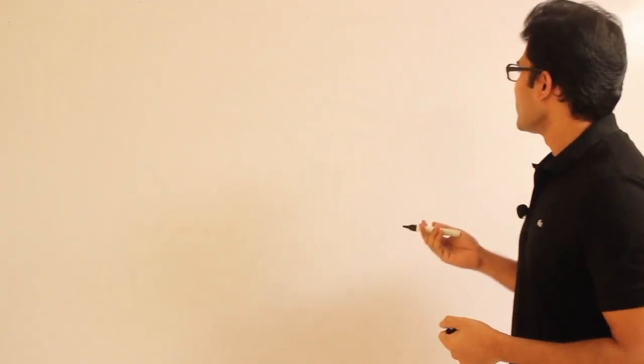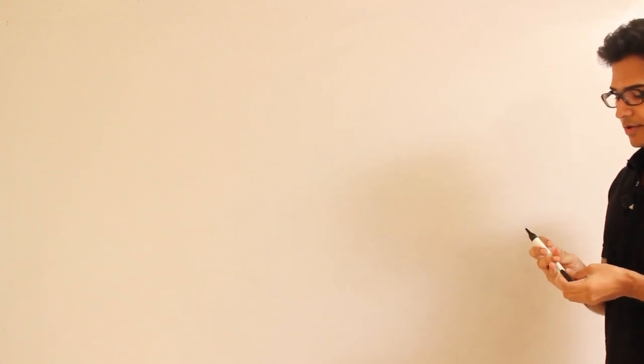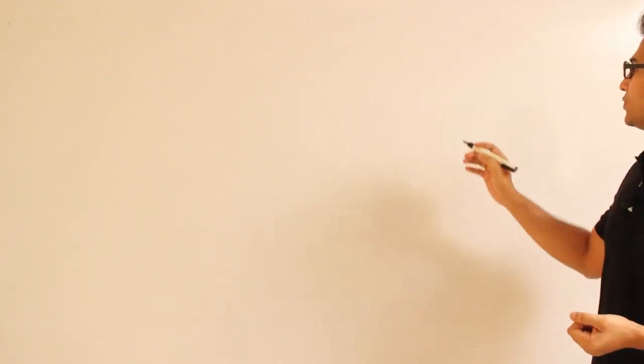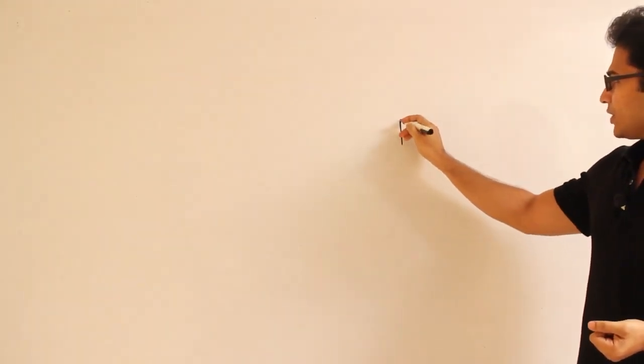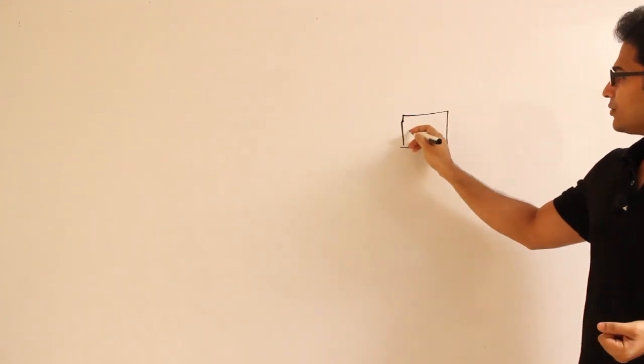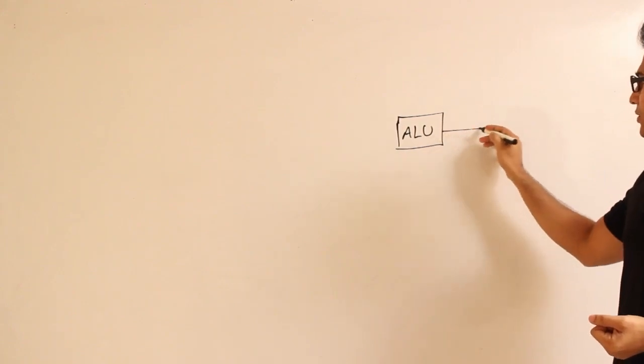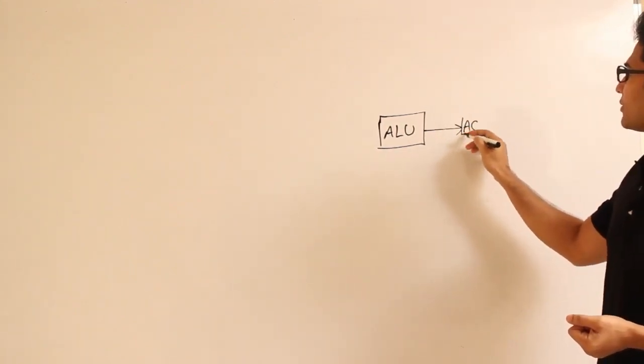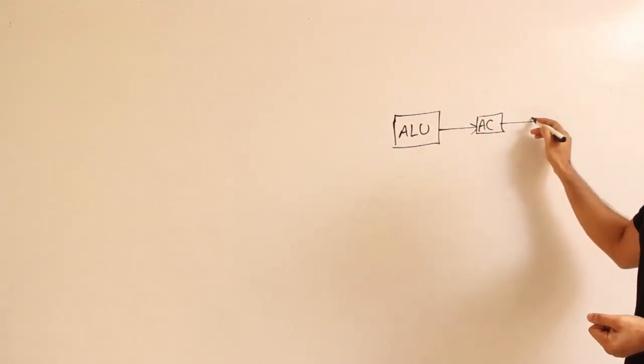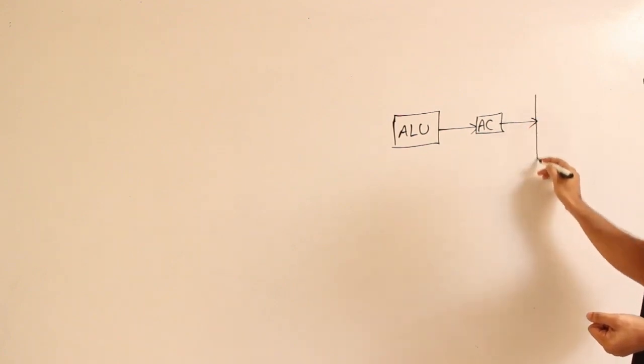Now we have seen how the IO is done. So if you see the way our devices are connected here, the units are connected like this. We have this ALU, arithmetic and logic unit, and ALU is connected to the accumulator. Accumulator is a register, and accumulator is connected to the bus, isn't it?